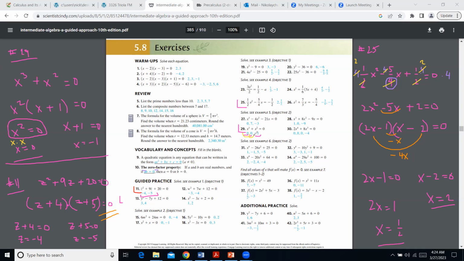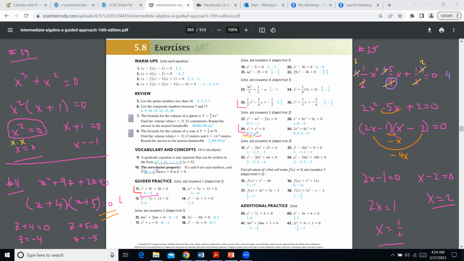So technically, you can say that x is equal to 0 for the answer, but you can also have the 2 zeros, and that'd be pretty much the same thing.